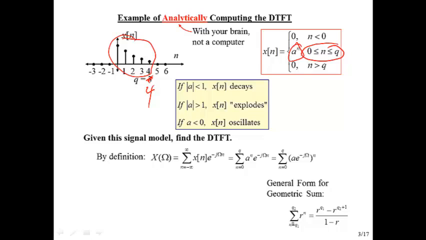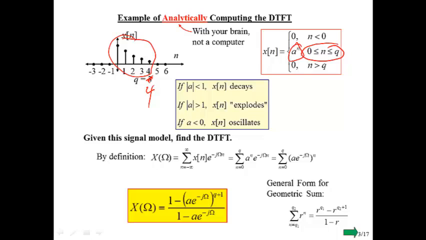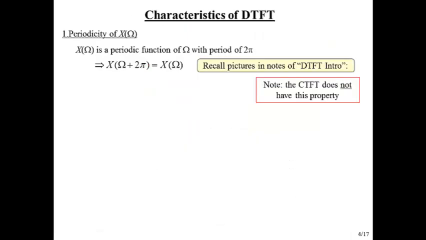Okay, so I use that geometric sum result with a little bit of further manipulation, and I get something that looks like that. So here's my function of omega, and I can see how it depends upon q. I can see how it depends upon A. So there we go. We found our first DTFT by hand.